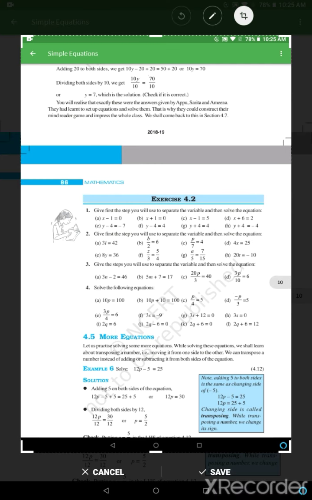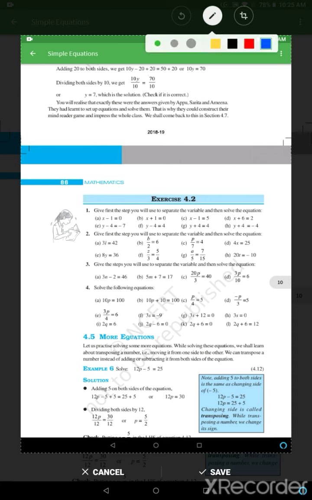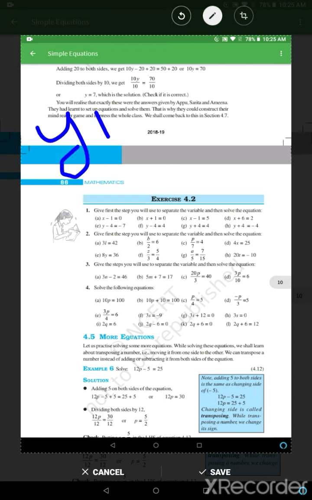Now e, which is y minus 4 is equal to minus 7.